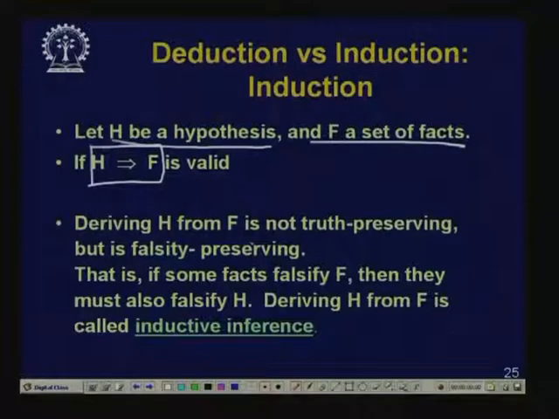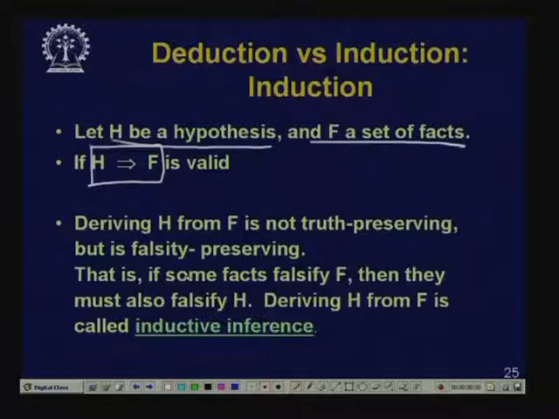If F is true, deductively we cannot say that H must be true, but if F is false, we can say that H must be false. So, deriving H from F is falsity preserving, but not truth preserving. So, if there are some facts which make F false, then H must also be false. But in inductive inference, we will derive H from F.